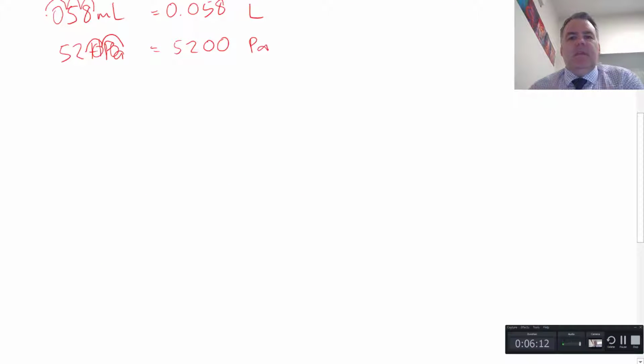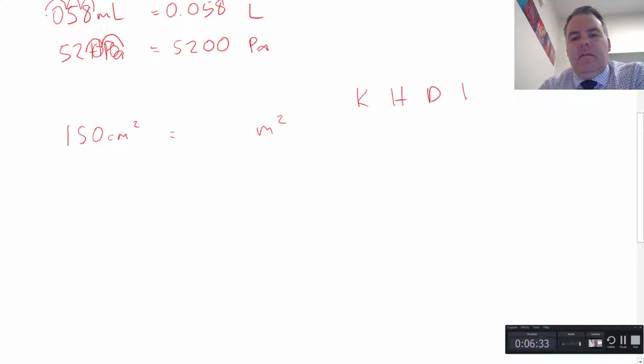A little bit trickier when we have to do things like area and volume. Now it gets a bit trickier. So let's say I have 150 centimeters squared and I want to write that in meters squared. All right, well here's how I think of that one. King Henry died by drinking chocolate milk. Okay, so we're in centimeters squared and we want to get back to the base unit.